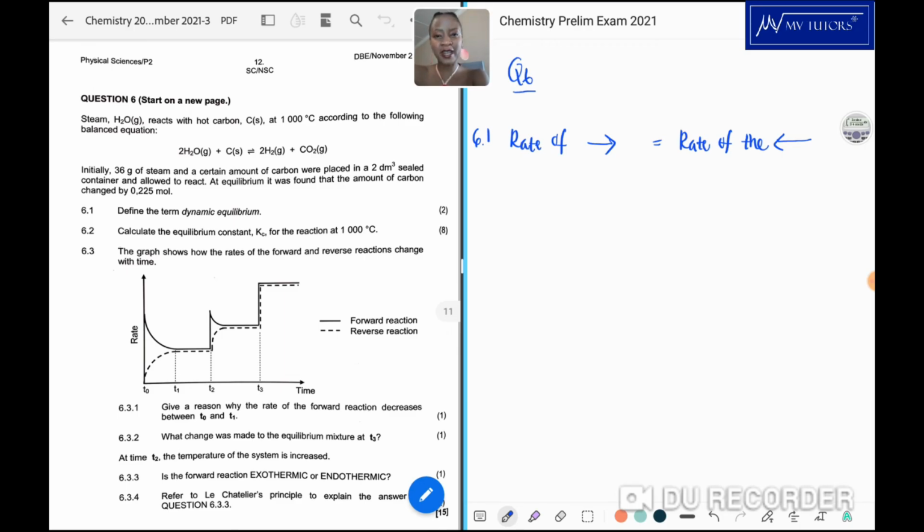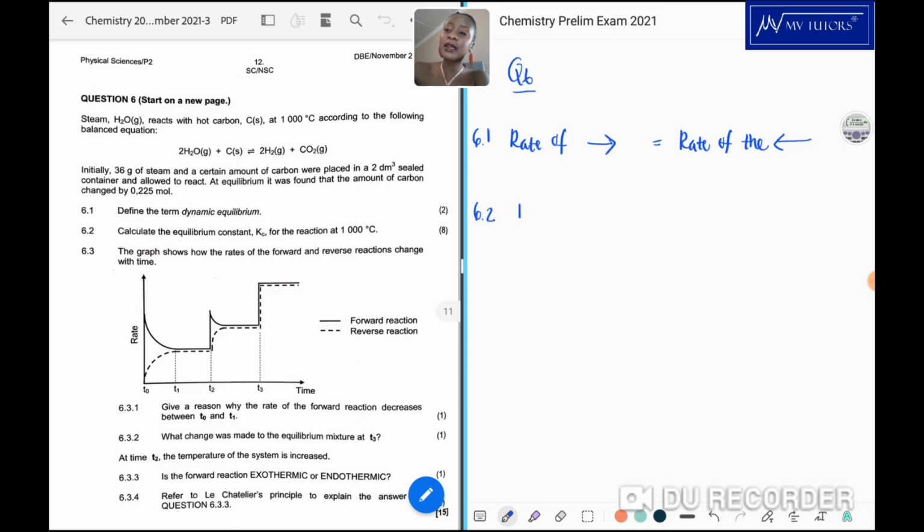It's important: the rate of the forward reaction is equal to the rate of the reverse reaction. That is dynamic equilibrium, and that is 2 marks. Okay, and then number 2, it says calculate the equilibrium constant for the reaction at 1,000 degrees. 8 marks, guys. We are about to labor here.